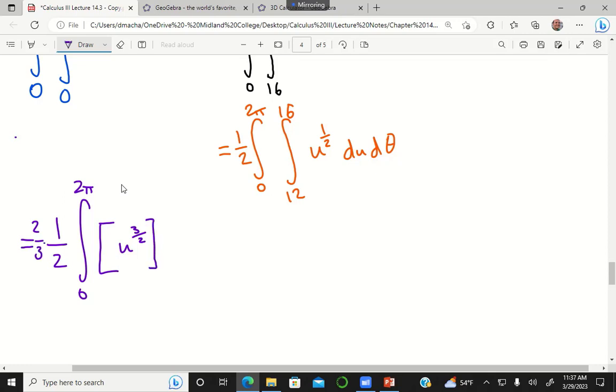And then I want to evaluate that at 16 and at 12, and then subtract, and then d theta. So this is now 1/3 integral 0 to 2 pi.